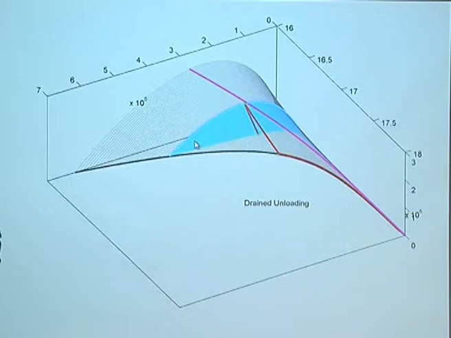This point, projecting downward, directly below the critical state point. This one is up on the rooftop. This is underneath on the floor.